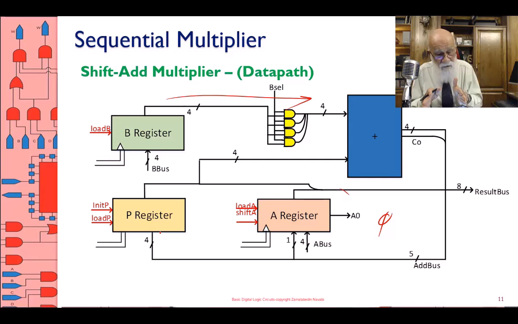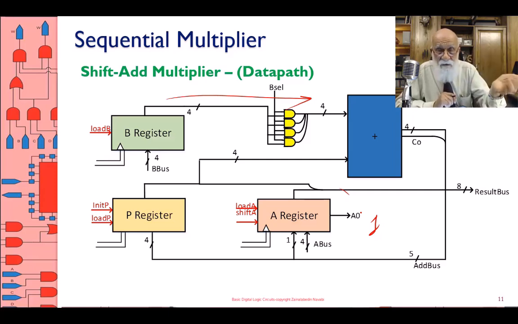I don't add anything to it. If A0 is 1, then what I do is I take P, add B to it, and then shift it to the right and write it into P. Eventually, I have the P register and the A register become my result. This is a multiplication called add and shift.